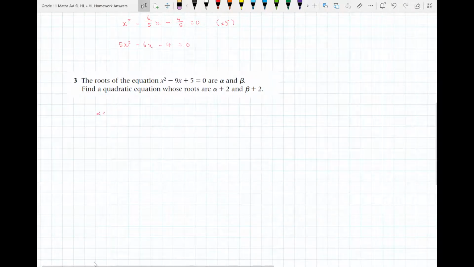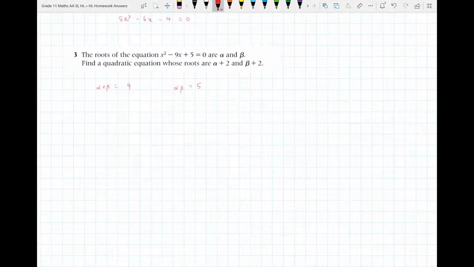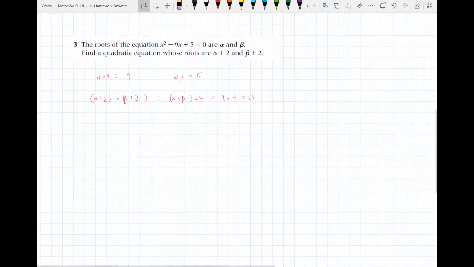All right, original roots sum are 9 and product 5. So the new sum is 13.